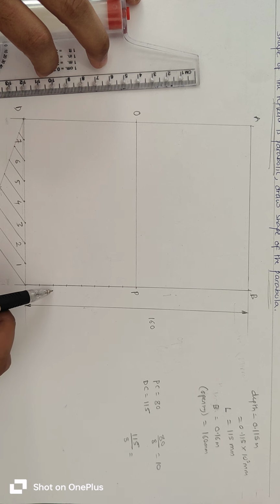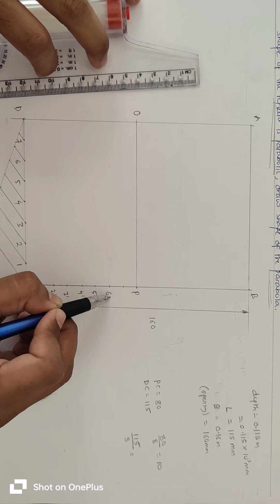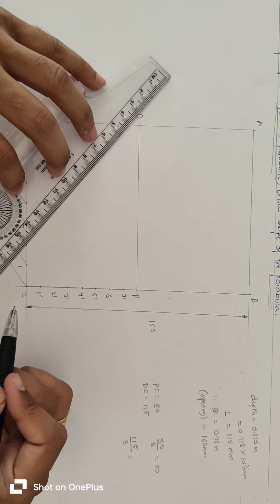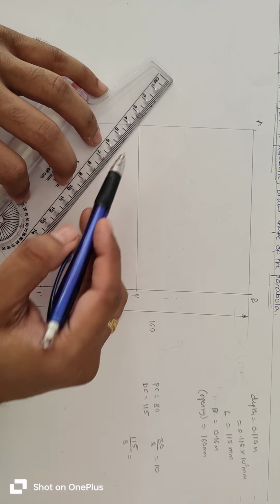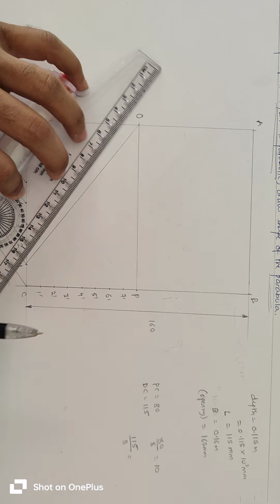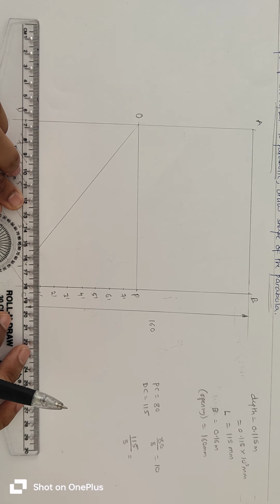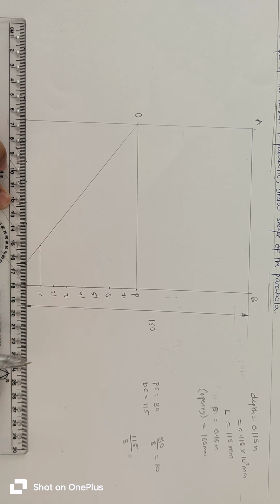This point is 1 dash, 2 dash. Now from point O to 1, draw an inclined line and draw a vertical line, that is, a horizontal line from point 1 dash. So this is the first point of the parabola.